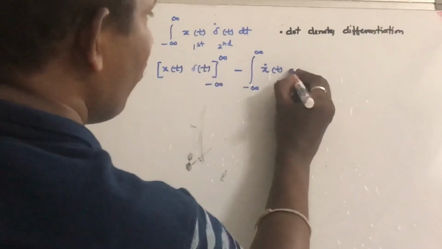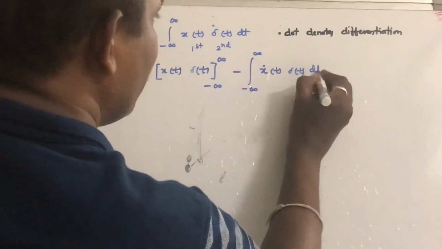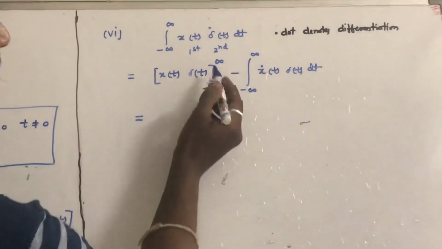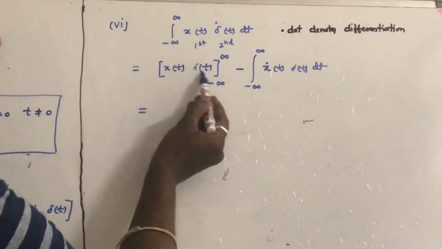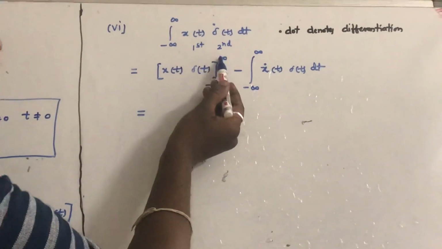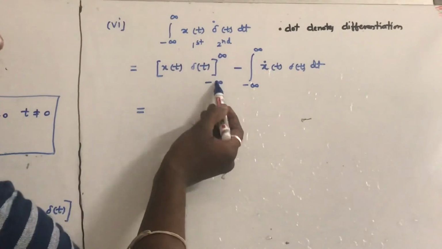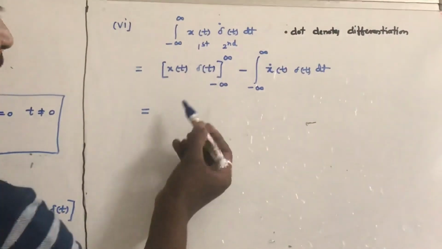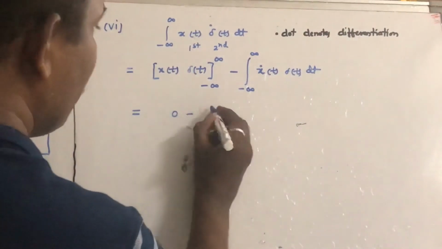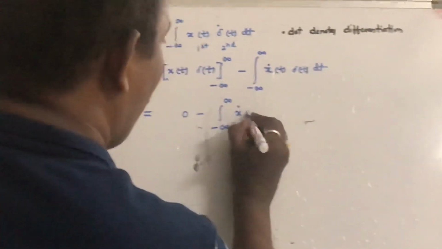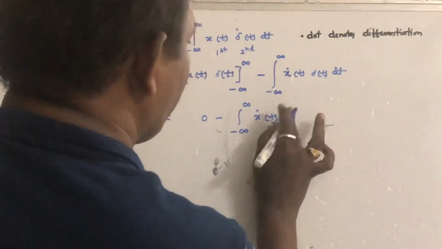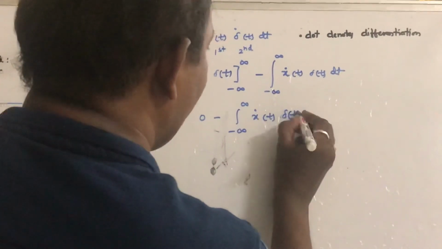If you substitute, del of infinity is 0, since the impulse exists only at t is equal to 0, and del of minus infinity also does not exist. So the first term is 0.